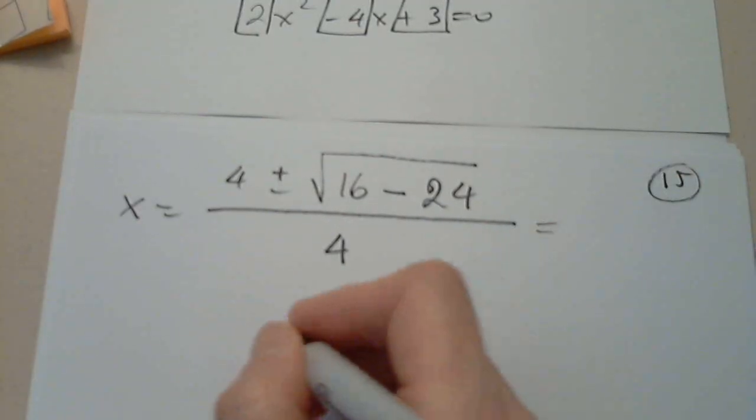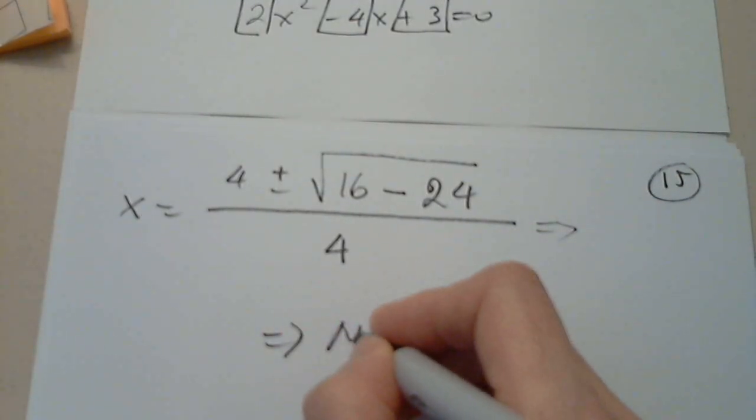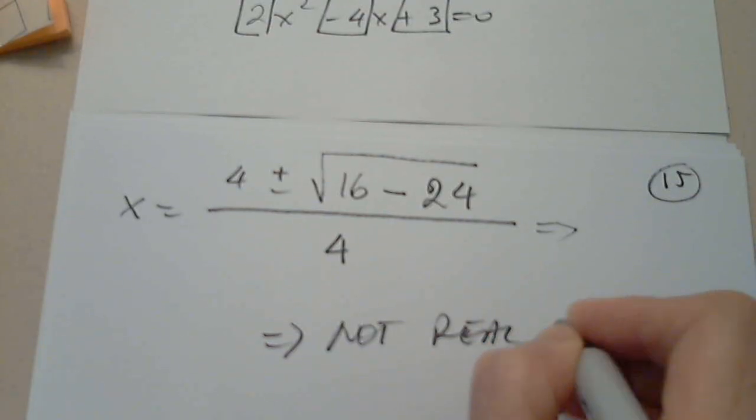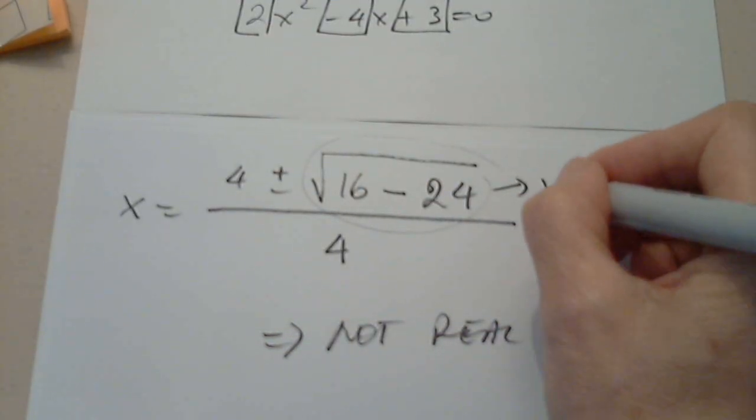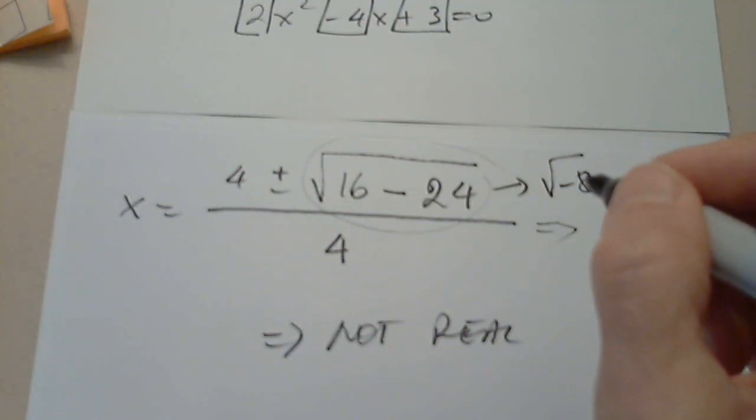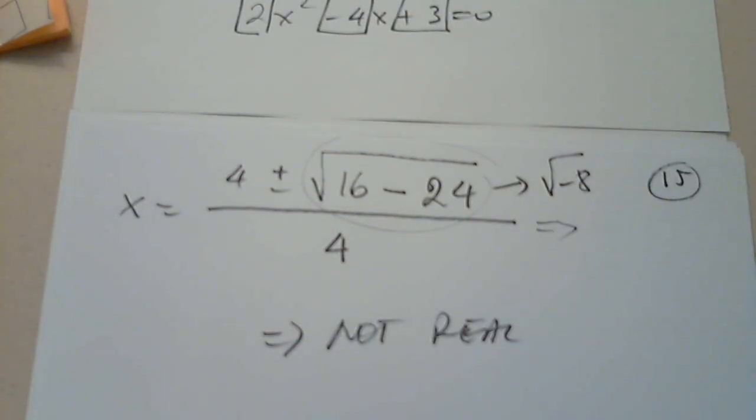And I will right there say the following, not real. How come? Because under the square root, I have the square root of negative 8. So I will not continue.